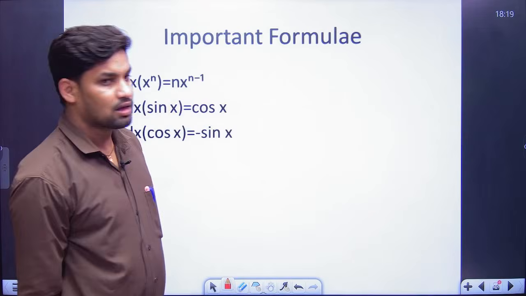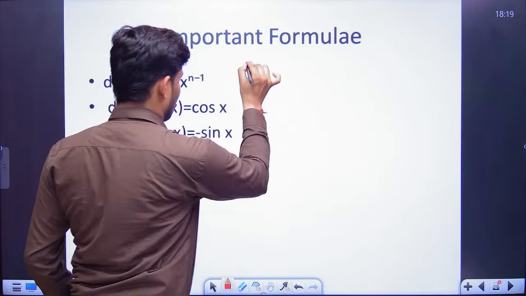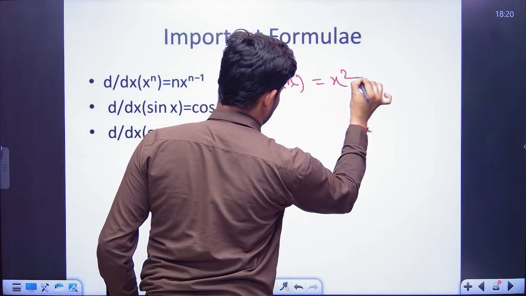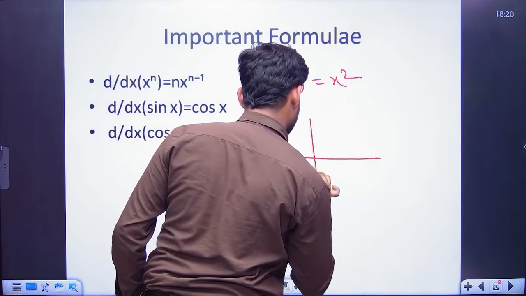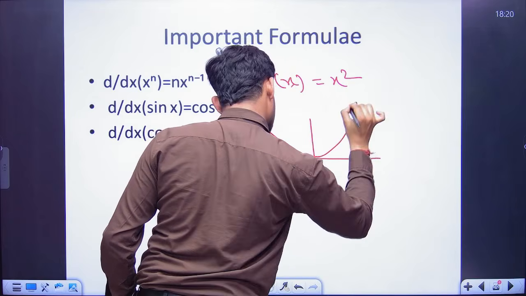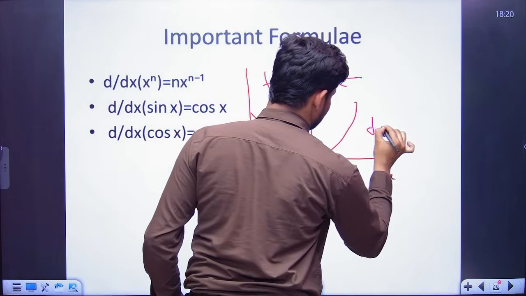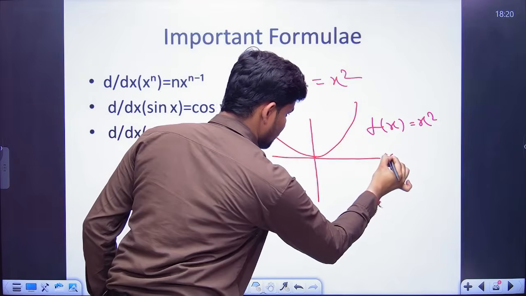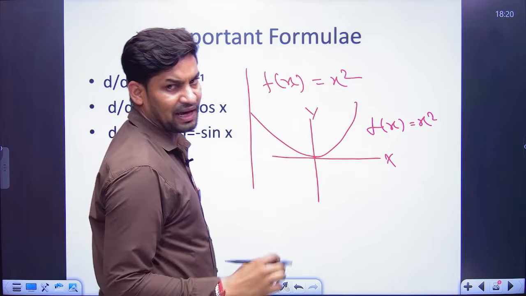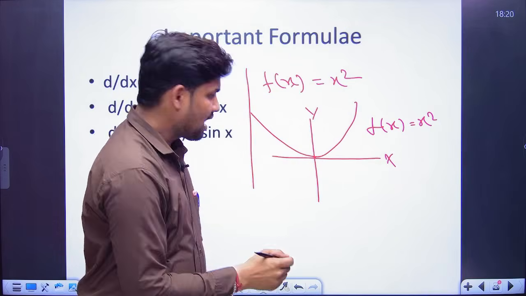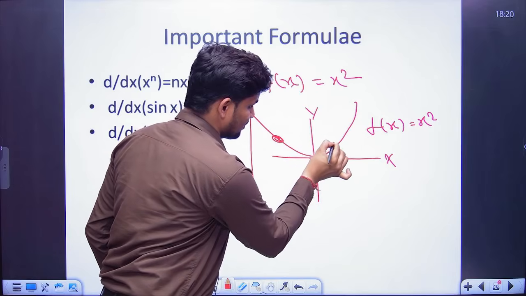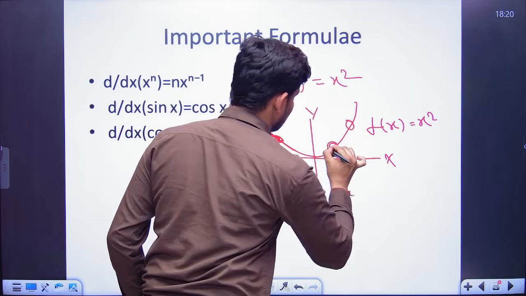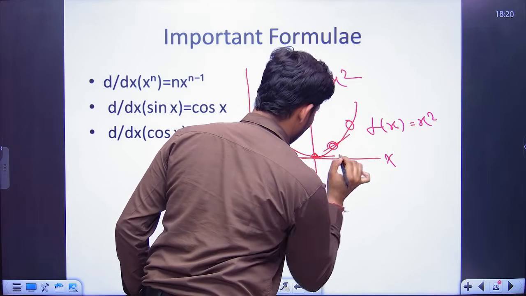Next, another example we have is f(x) equal to x square. The graph we have drawn of x square is this, a parabola. At any point of this graph curve, we have a unique tangent.